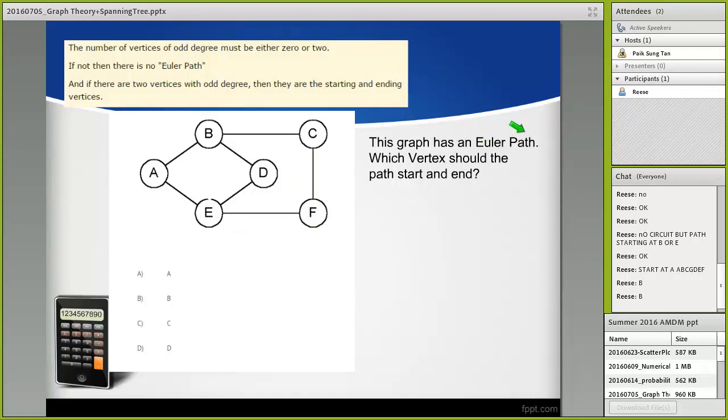We can have an Euler path which must start at one of the odd degree vertices and end at the other odd degree vertex.